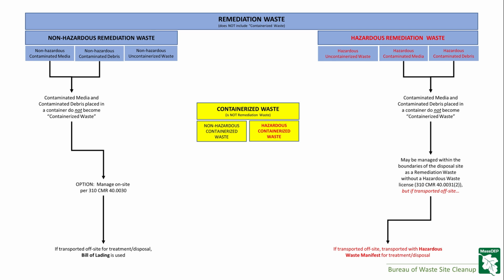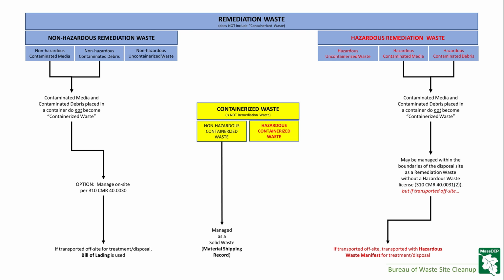A waste may be considered hazardous if it's specifically listed in the regulations, or if it exhibits characteristic properties that make it a hazardous waste. If neither of those conditions are true, then your containerized waste is a non-hazardous containerized waste and can be managed as such. If you have a non-hazardous containerized waste, then it's not a hazardous waste, it's not even a remediation waste.